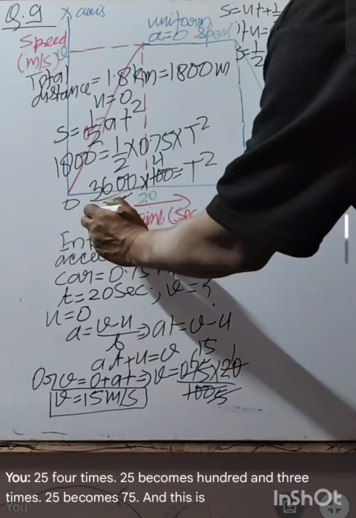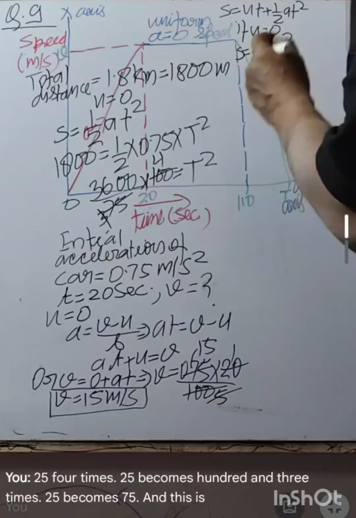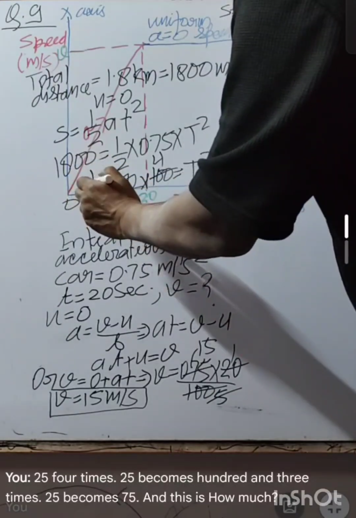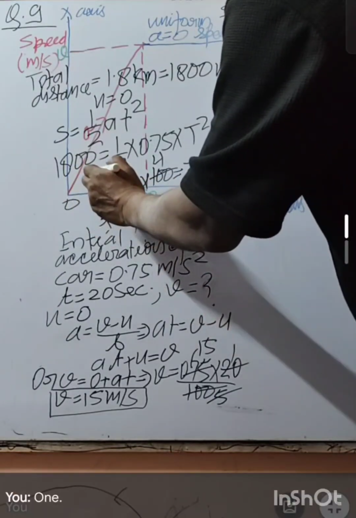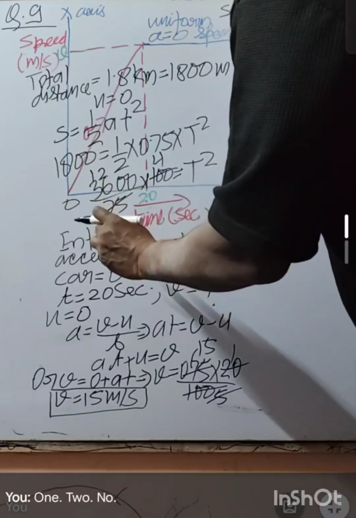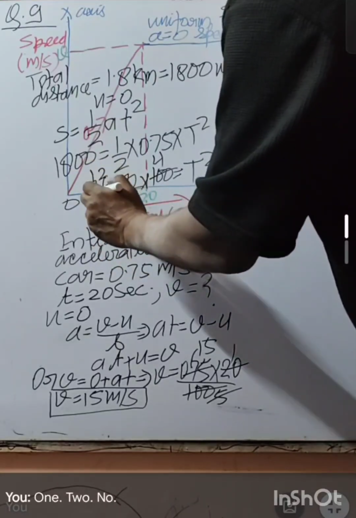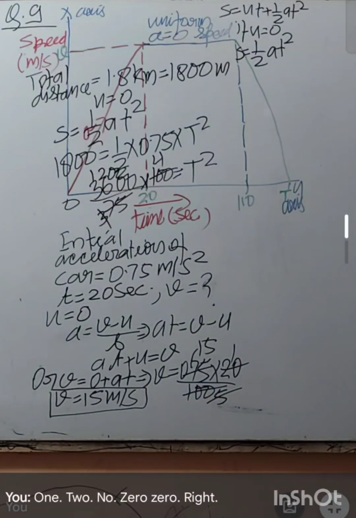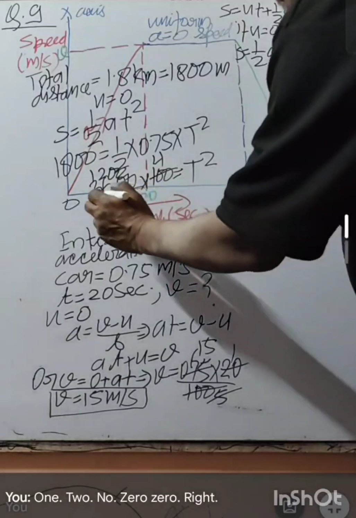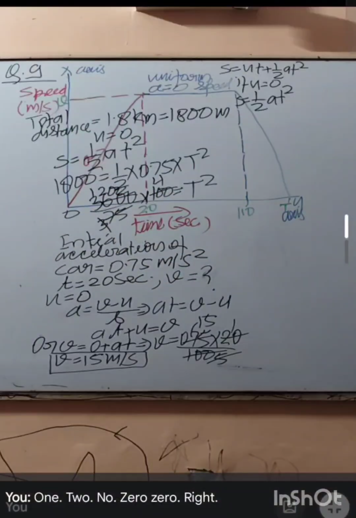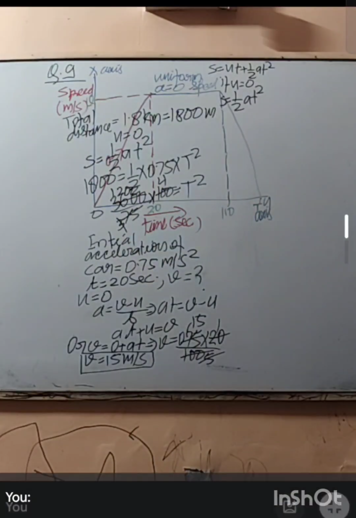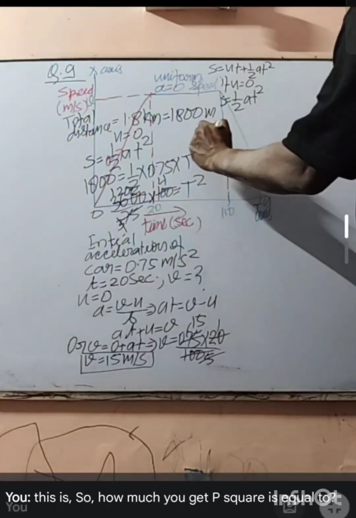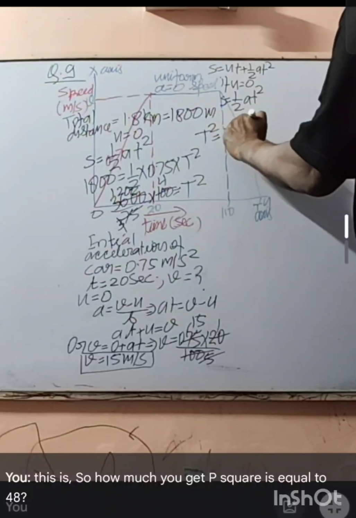And this is how much? 1, 2, 0, 0, right? So how much you get? T square is equal to 4800.